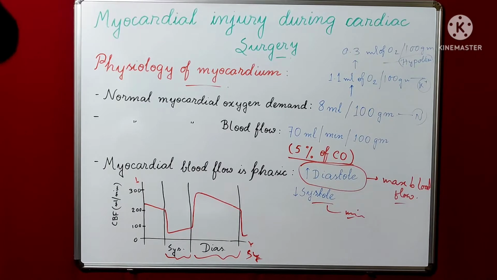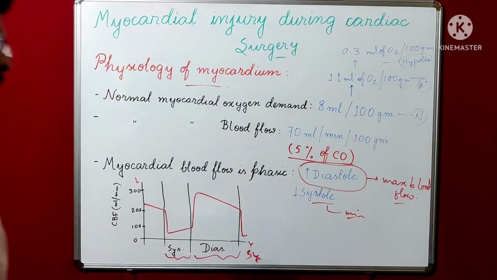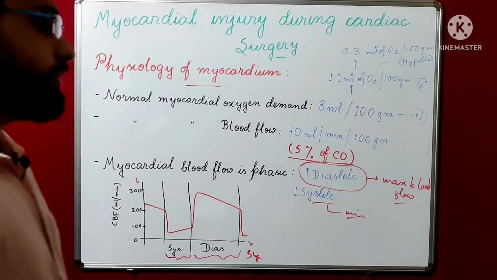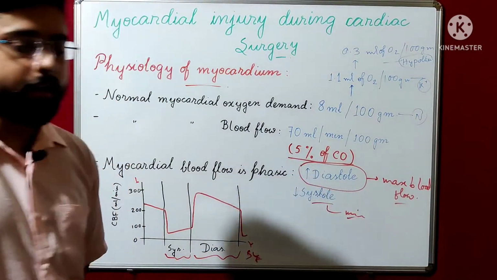Next are the factors on which myocardial oxygen delivery is dependent. First is obviously hemoglobin, because hemoglobin carries the oxygen, so if the level of hemoglobin is lower, then the amount of oxygen carried through the blood to the myocardium will be low.